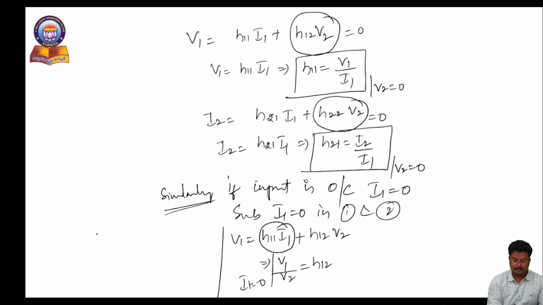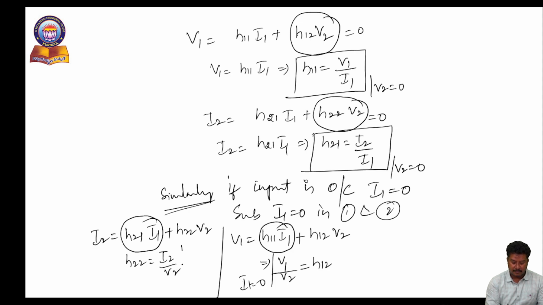Similarly, I2 is equal to H21 I1 plus H22 V2. Here also I am substituting I1 is equal to 0. Then you are getting H22 is equal to I2 by V2 for the case of I1 is equal to 0.